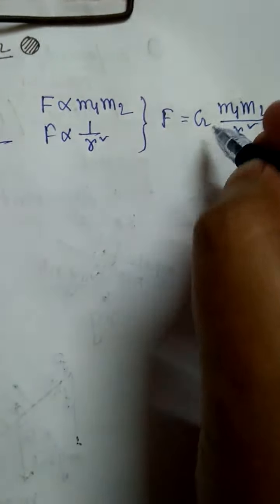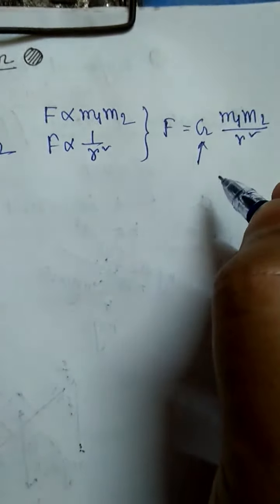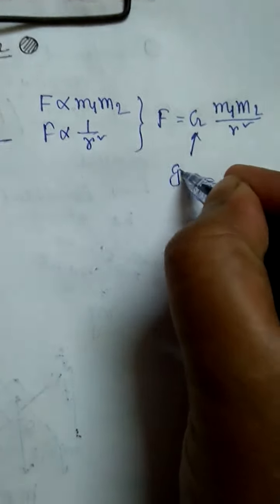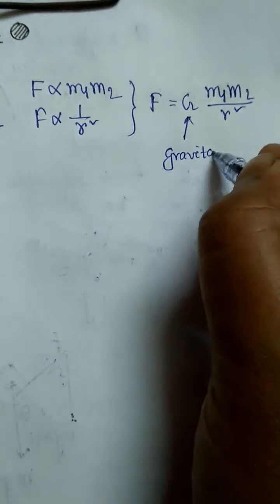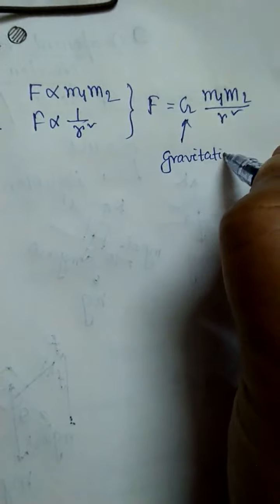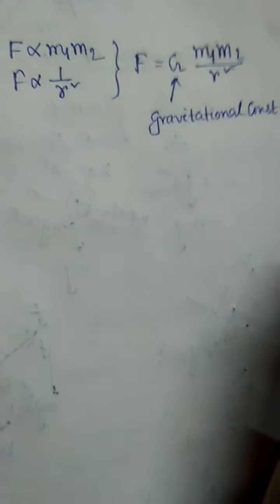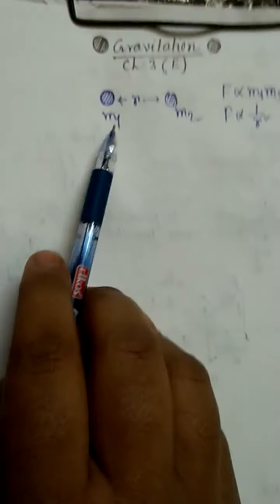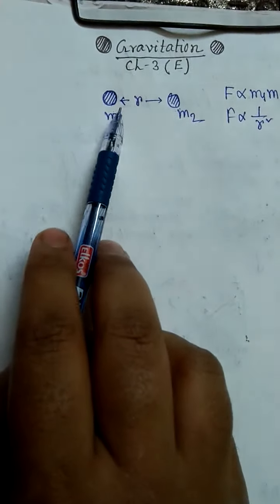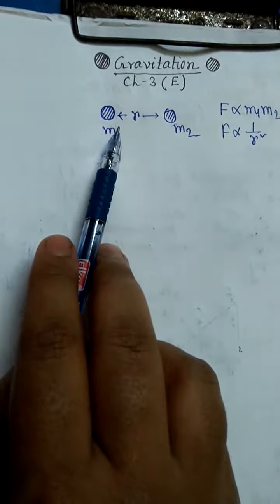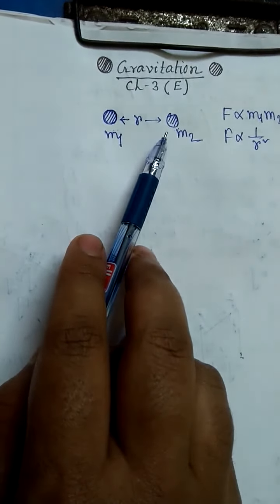This G is known as the universal gravitational constant, or the gravitational constant. This is the law of gravitation, discovered by Sir Isaac Newton.